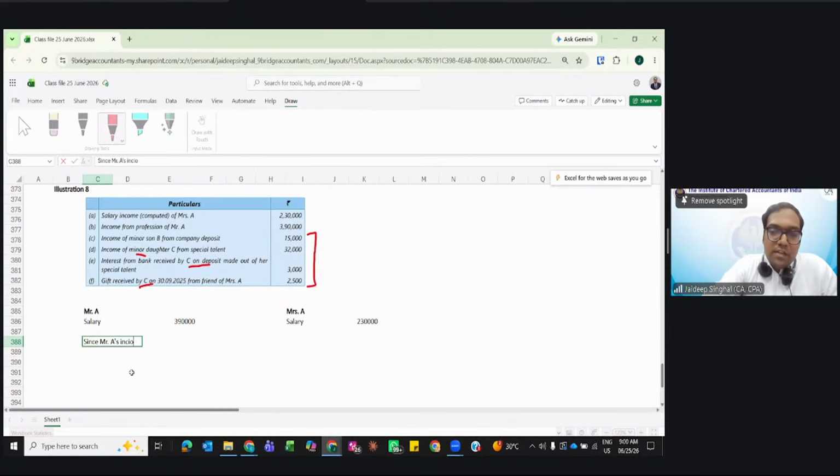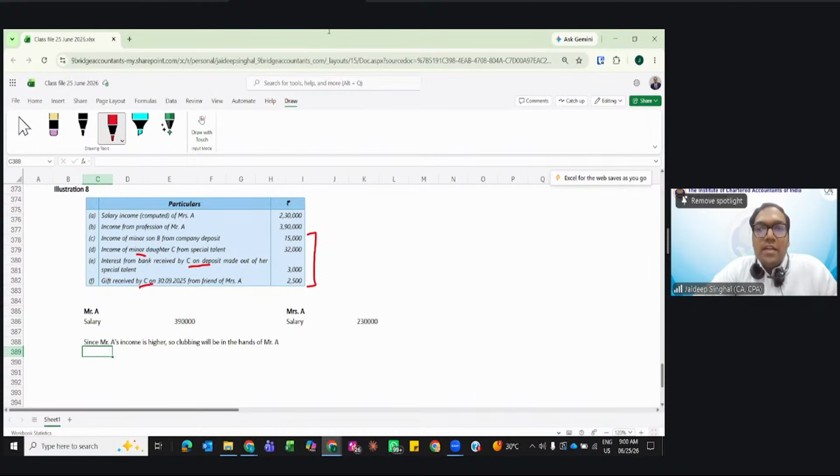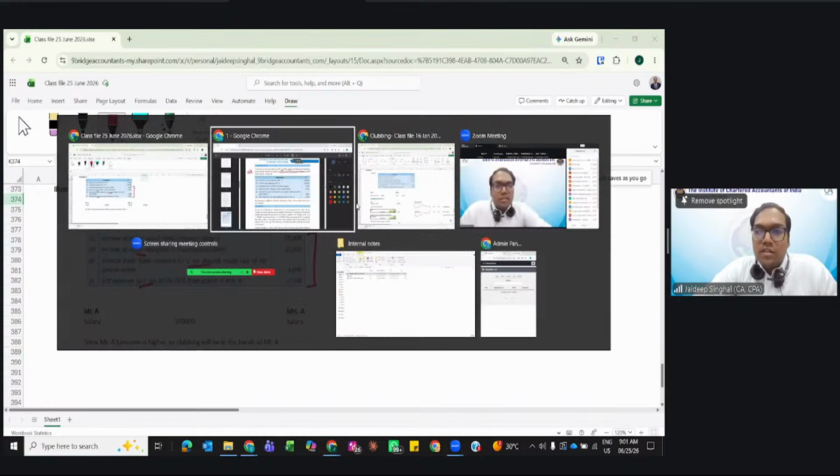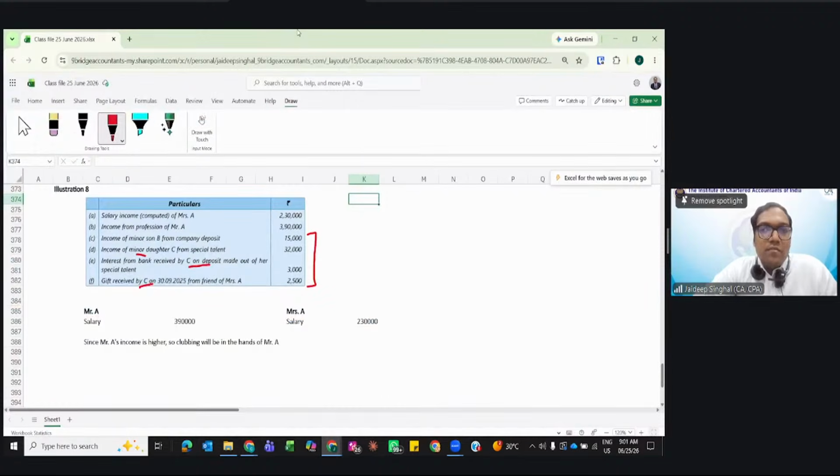Mr. A's income is higher. So clubbing will be in the hands of Mr. A. Right?